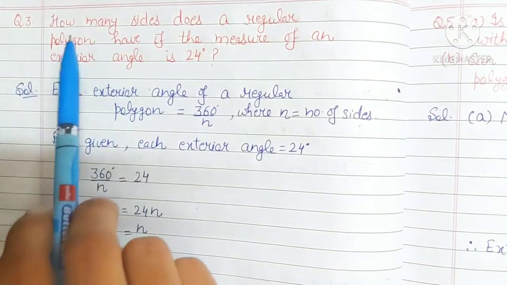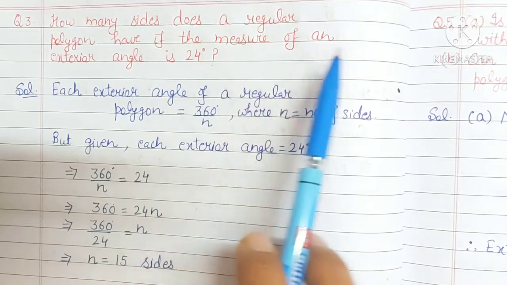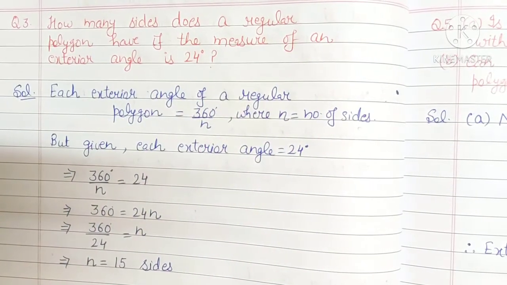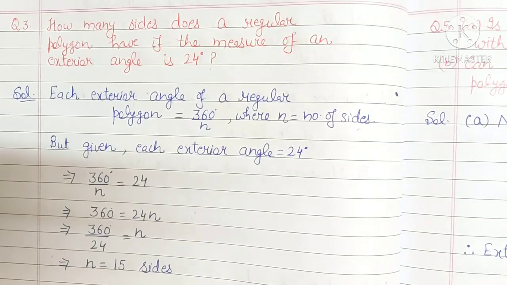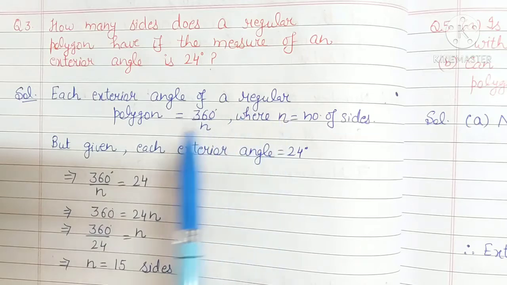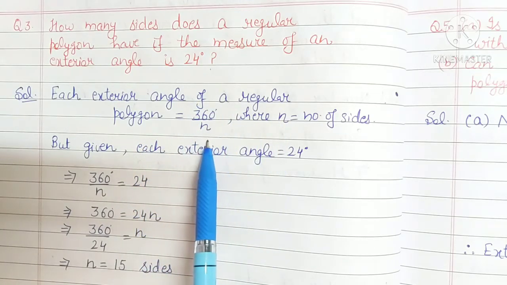Question third. How many sides does a regular polygon have if the measure of an exterior angle is 24 degrees? Now the measure of the exterior angle is given and you have to find the number of sides. We know that each exterior angle of a regular polygon is equal to the sum of exterior angles divided by the number of sides.